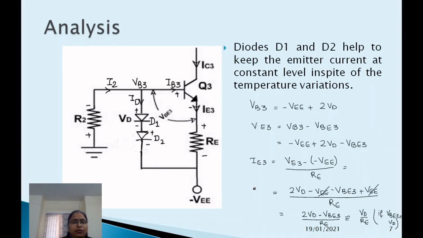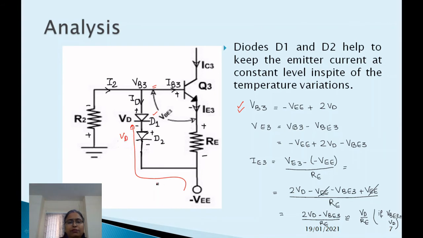Seeing the analysis of this circuit, taking to these equations, VB3 is equal to, taking from this circuit, minus VEE plus VD plus VD. This is VD across this and VD across this.